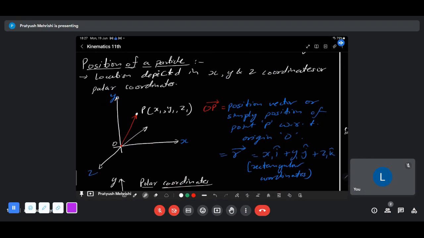Location we can define through position vector. Position of a particle can be defined with the help of position vector.